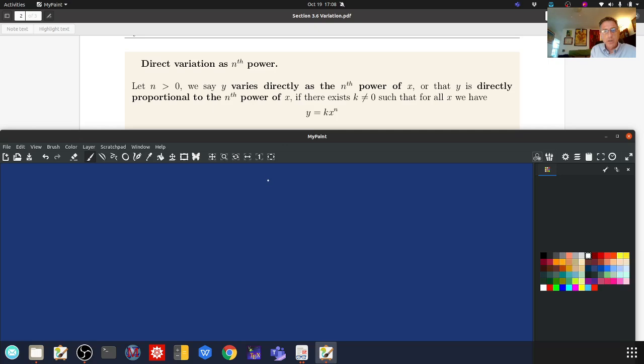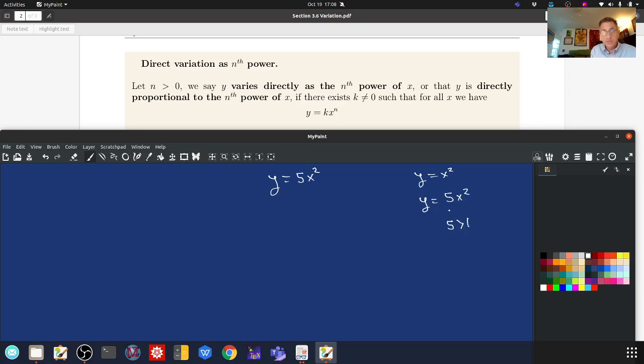So y is equal to 5x squared. Well, you know what the graph of that looks like, right? You know the graph of y is equal to x squared, what that looks like. So when I do y is equal to 5x squared, for example, 5 is greater than 1.